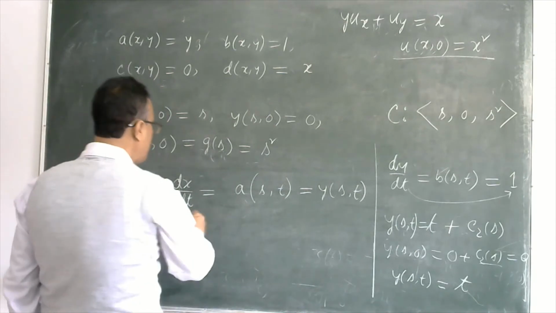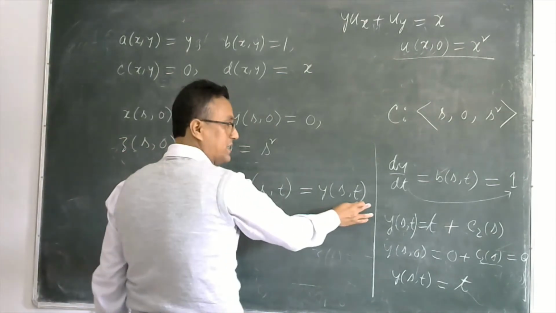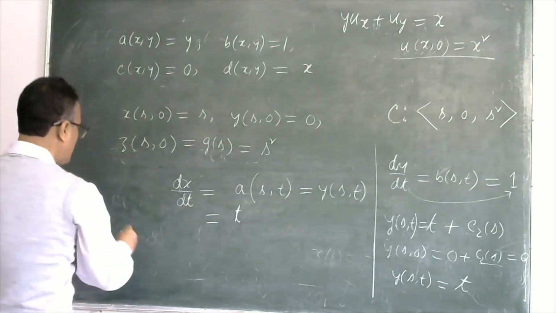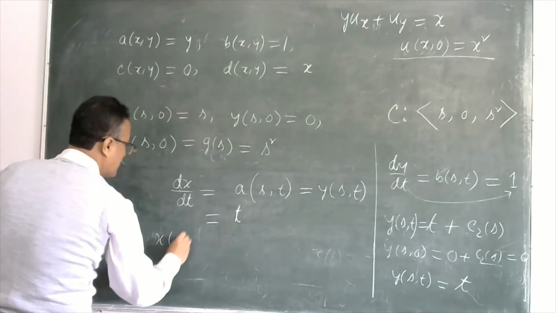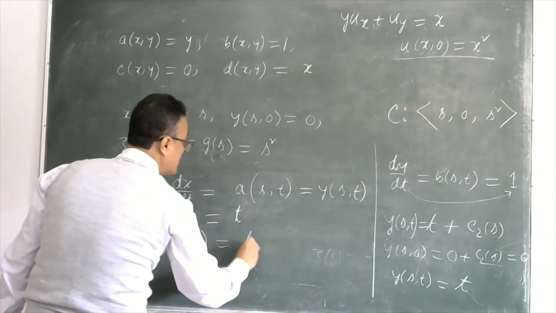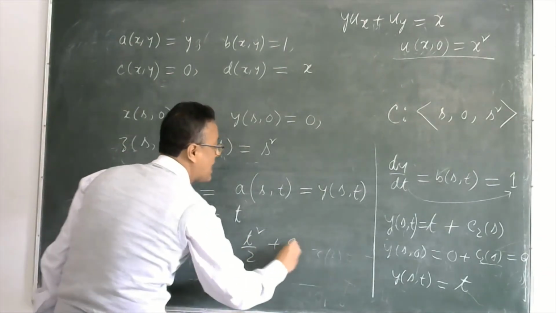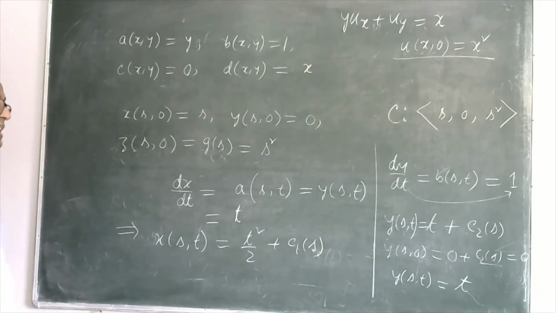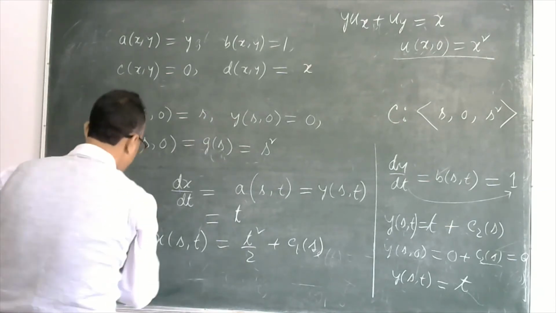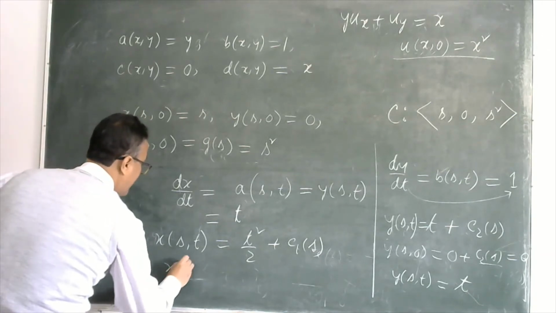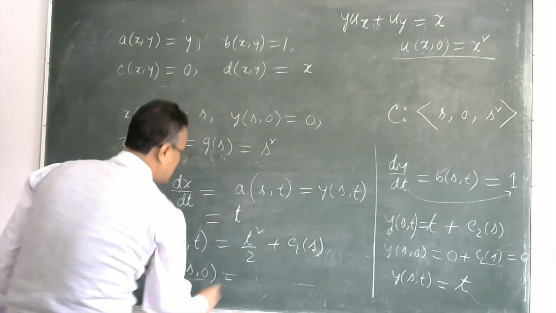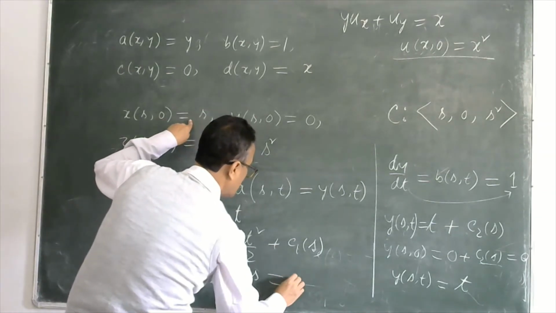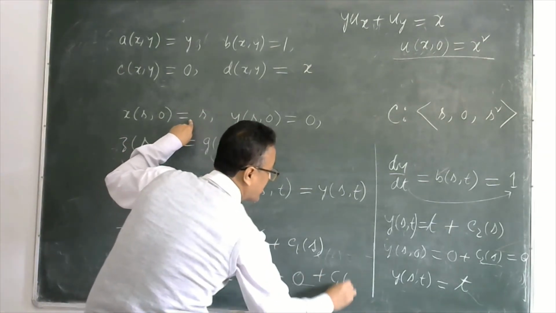So then if I plug in the value of y(s,t) here, this is simply t. Fine? So that means x(s,t) is t squared by 2 plus some constant, which is a function of s. And again, this implies x(s,0) was equal to s. This is 0 plus c1(s).